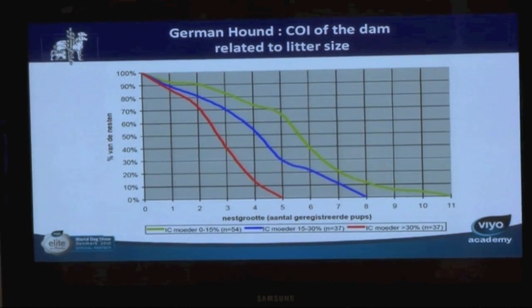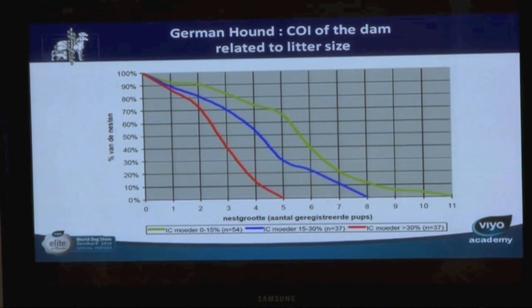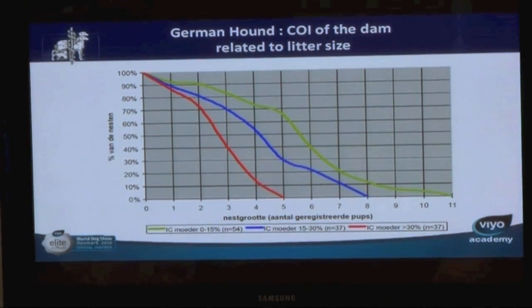Look at the percentage. Red are the high level inbreeding coefficients, green are the lowest ones. Look at, for instance, the percentage of litters that is 3 or more.